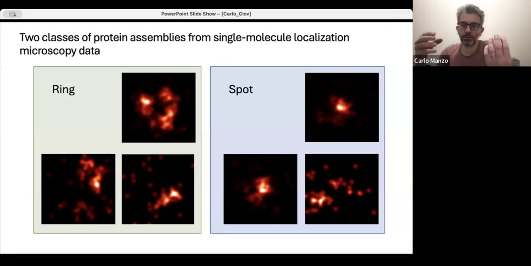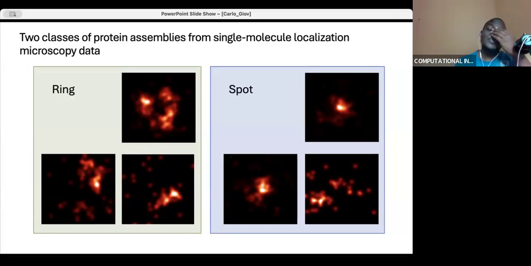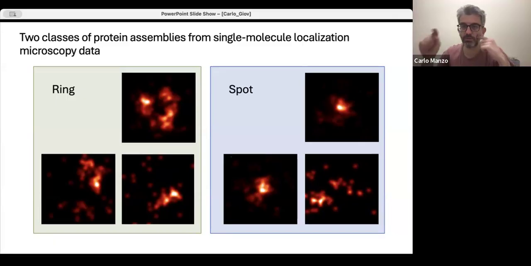So think about it, you have a group localization in the two cases. But if you decide to design the graph based only on local neighbors, it might be that even if the overall structure is different, the local structure is very similar. Okay, yeah. So you can have a spot in which, if you focus on the first three neighbors, each localization might have three neighbors at a given distance.